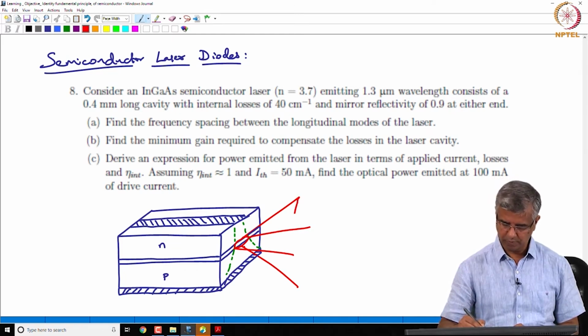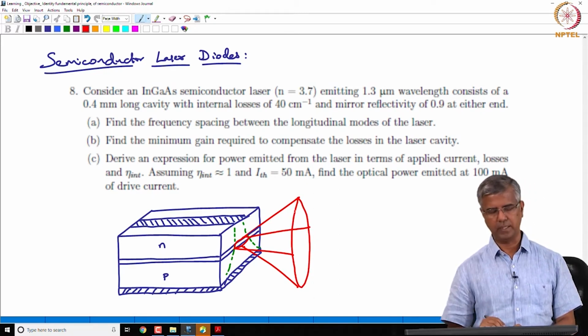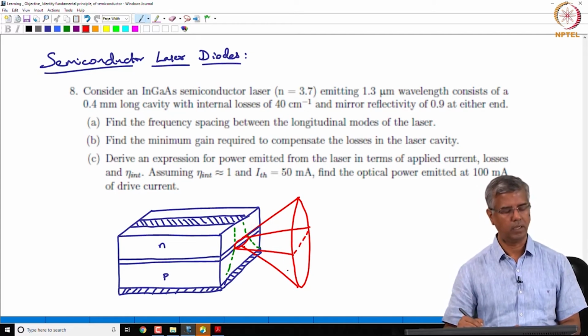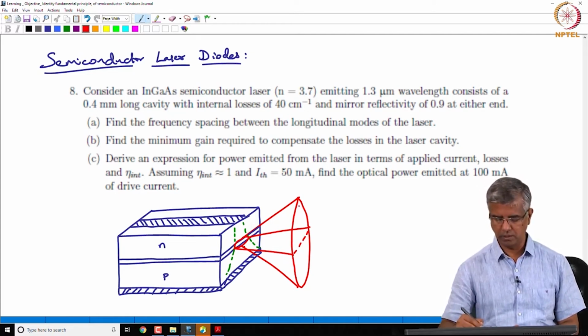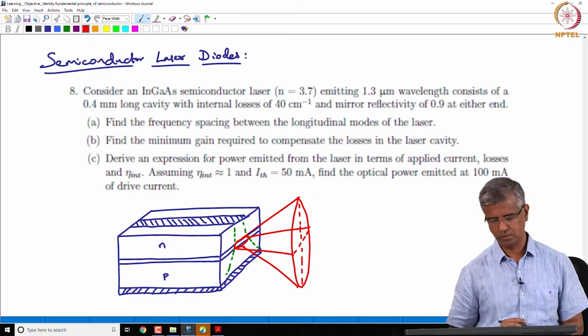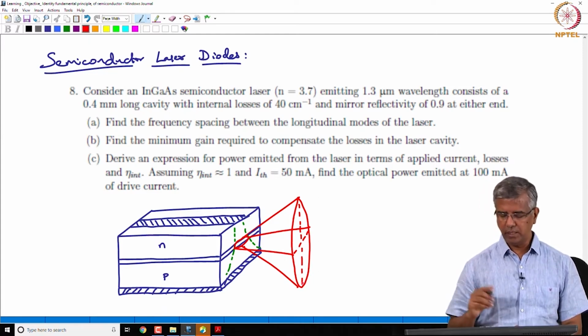Effectively your output beam is going to look something like this. In the horizontal direction it will not have much divergence, but in the vertical direction it will have much more divergence.